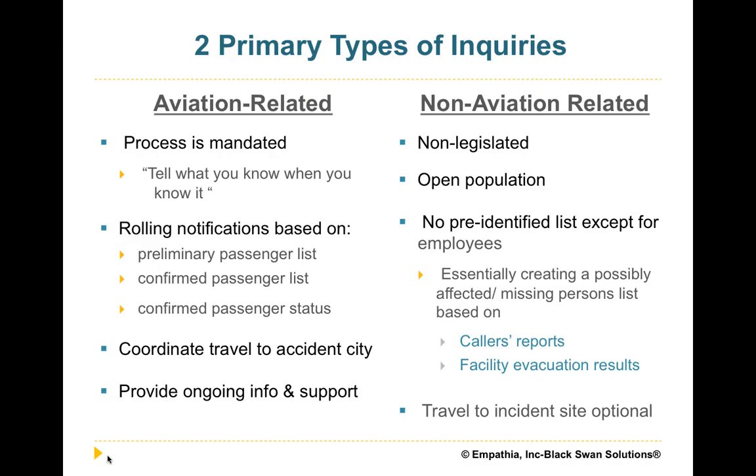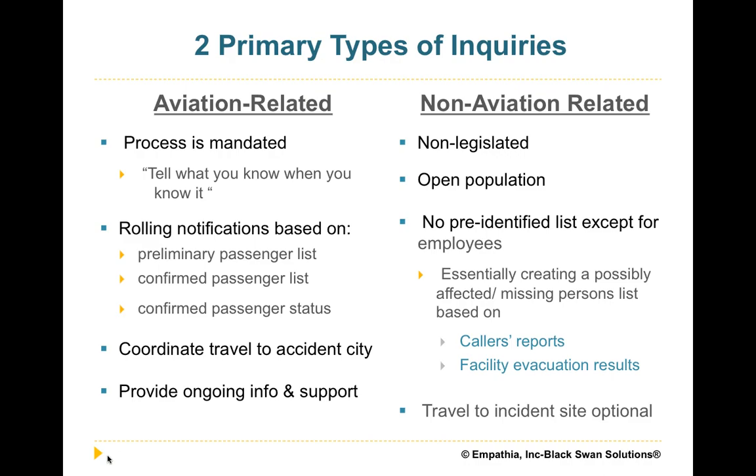And so our role in that type of disaster is very different. We don't have a lot of information to give. We are essentially creating a possibly affected or missing persons list, and then over time cross-referencing that with other information from hospitals, from family members, so we can in fact help that organization shape what is an actual victim list.